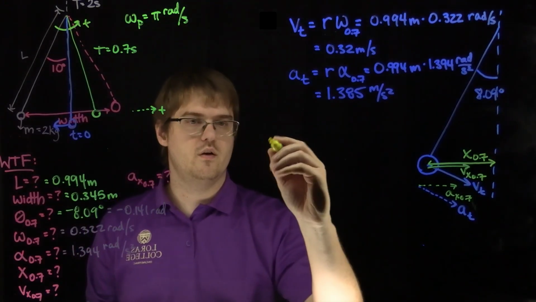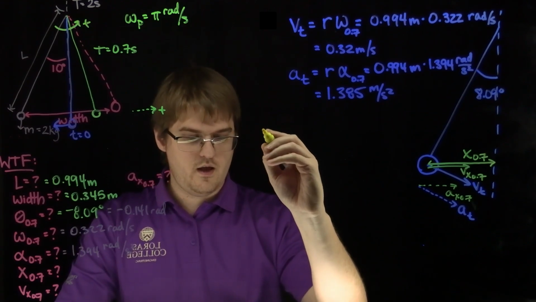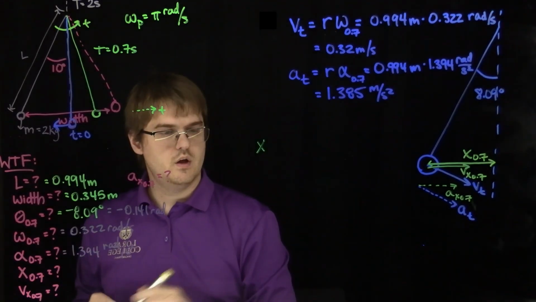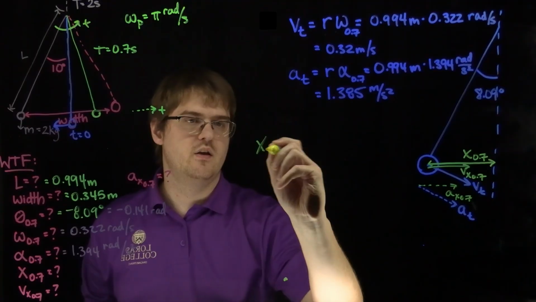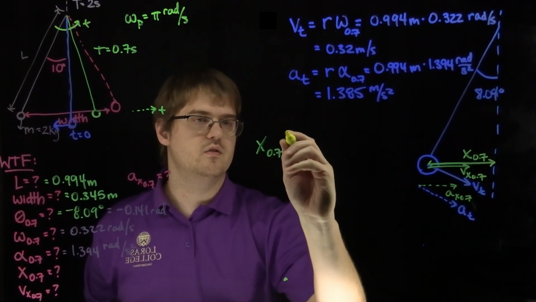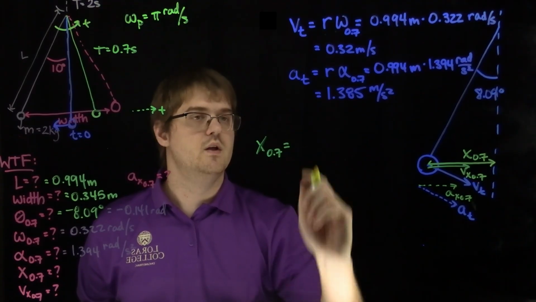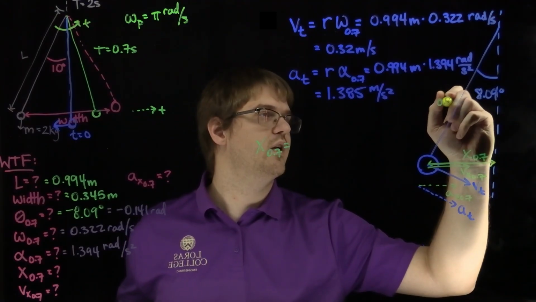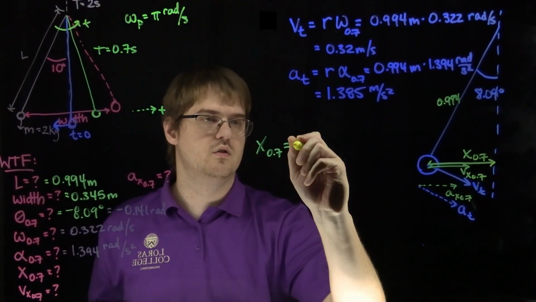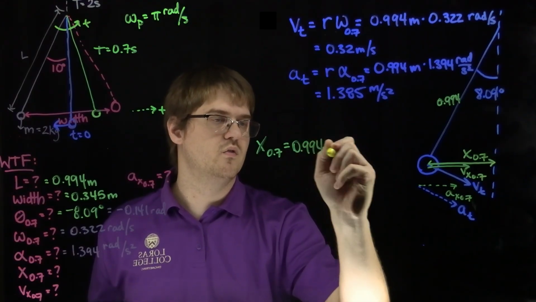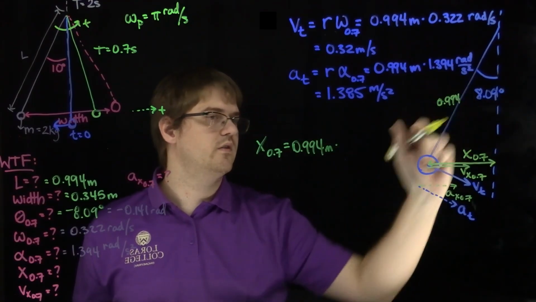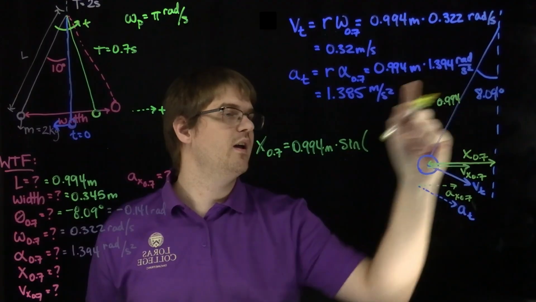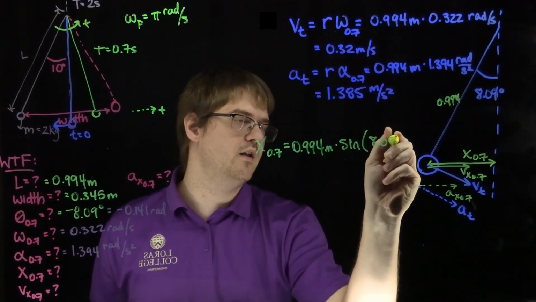So in this case, our x at 0.7 seconds is going to be equal to our total length, 0.994 meters, times, in this case, it looks like we have a sine of our angle, which is 8.09 degrees.